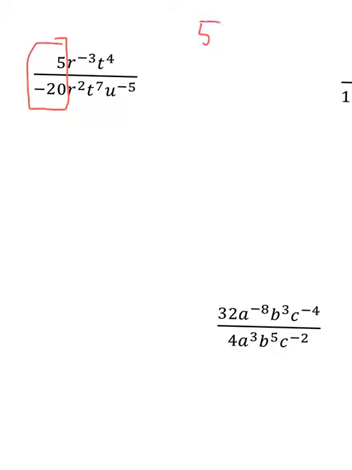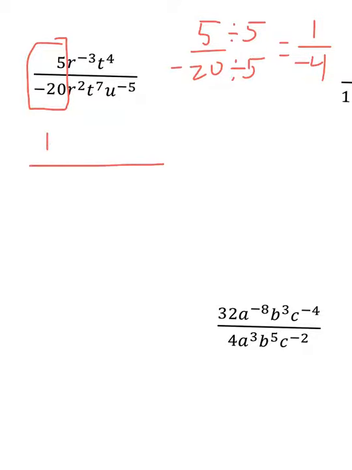So we can just even think of it as just 5 divided by negative 20. Well, we can divide the numerator and the denominator both by 5, right? And that will get us to 1 over negative 4. Okay, so we're going to have in our numerator a 1, and in our denominator, a negative 4.